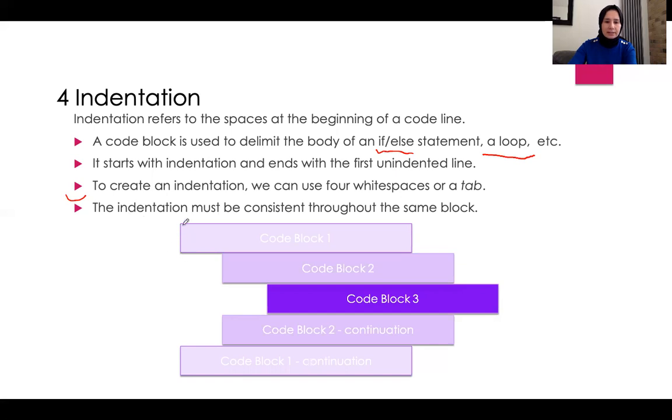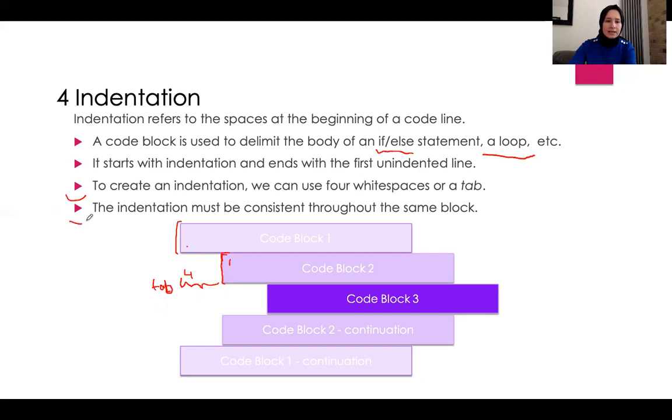As you can see, guys, let's say that this is our first code block, and we have another code block here. And let's say that we have another code block here, and we have to make some indentation here, and this equals 4 white spaces, or this equals a tab. You can click on the tab button on your keyboard, and you can make this indentation, right?